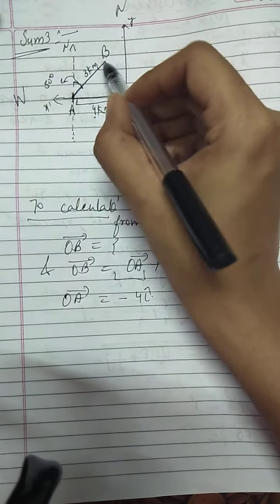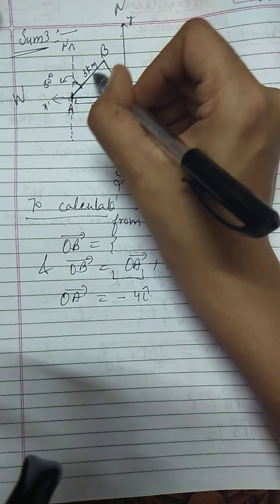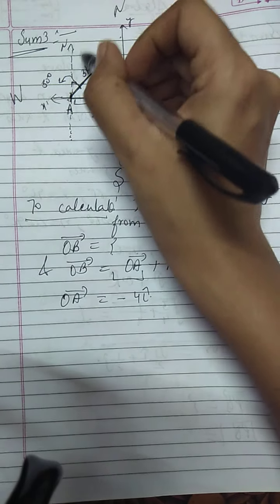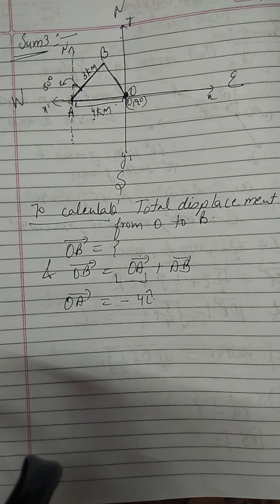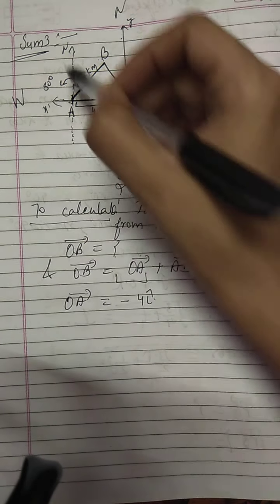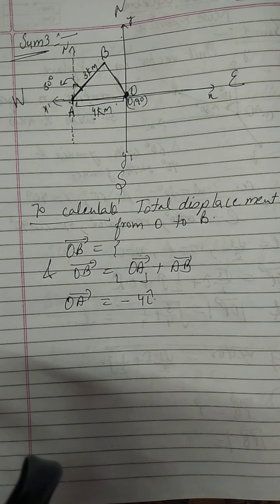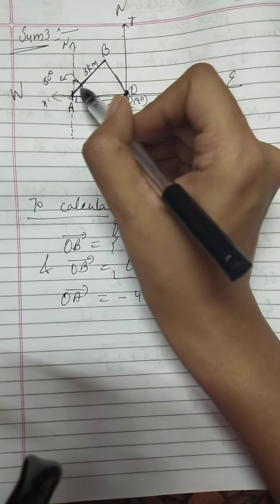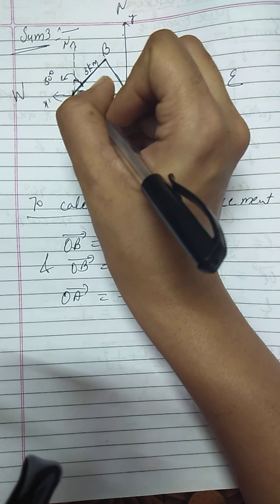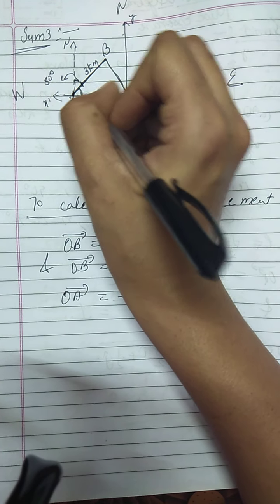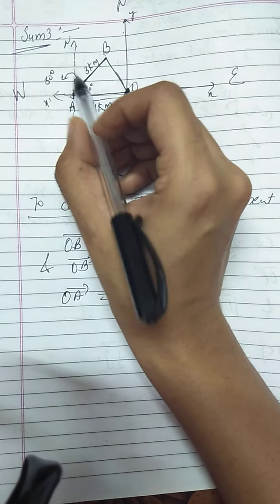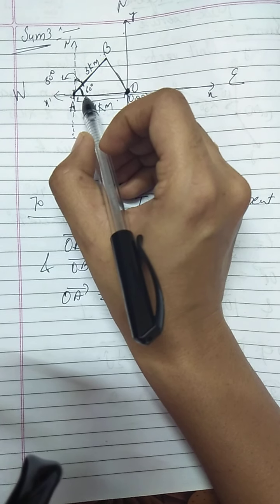We have to find now the AB vector, and this AB vector is making an angle of 30° with which side? With the y-axis. If this represents the y-axis, it is making a 30° angle there. And what will be the other angle? If this is the 30° angle, how much angle will be left here? It will be 60°, because the total is 90°. If the exterior angle is 30°, this will be 60°.